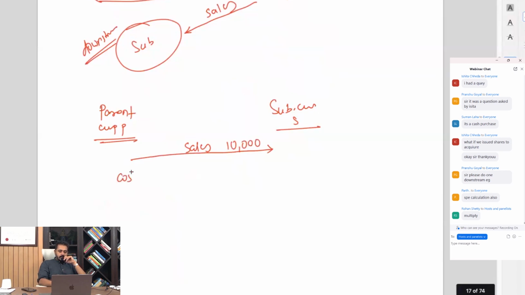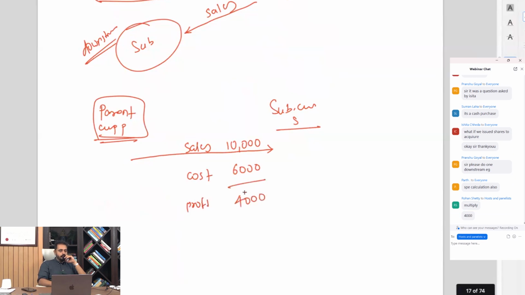The cost of these goods to the parent company was 6,000. Okay. And therefore, currently, parent company has how much profit in their books? They have profit of 4,000.